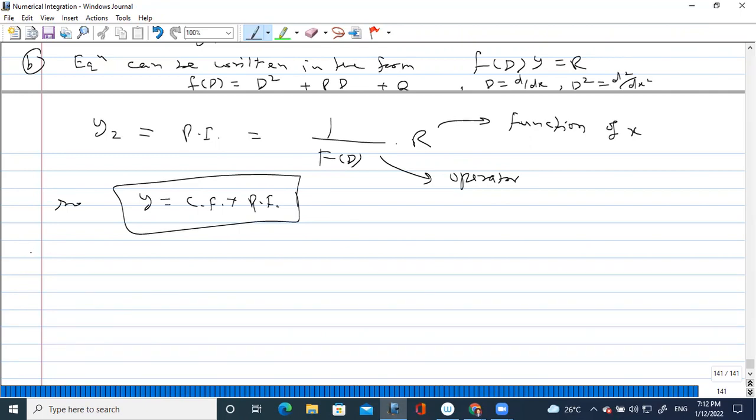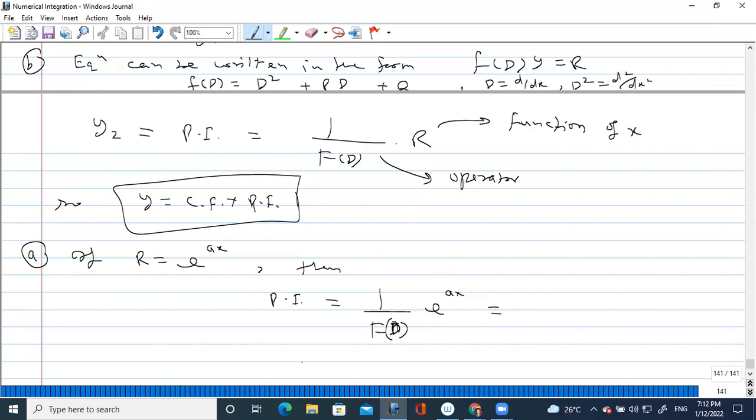Number A: if r is, suppose, an exponential term e to the power ax, then the particular integral will be equal to 1 upon f(D) e to the power ax. In such an equation, you can directly replace D by a.